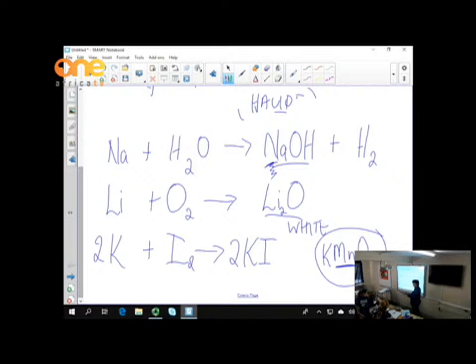So they wrap a piece of sodium in metal wire and put it into the water, and then you can see bubbles forming. Those bubbles are hydrogen gas, because we said when they react with water, they form hydrogen gas.